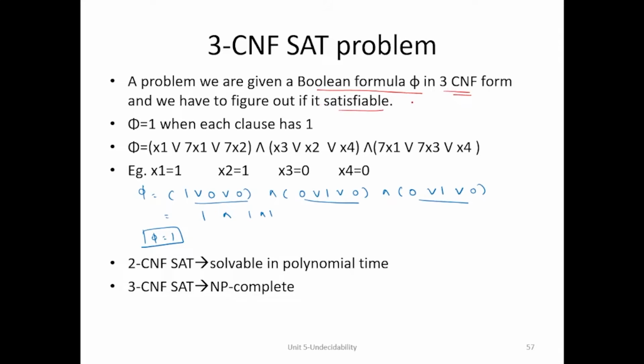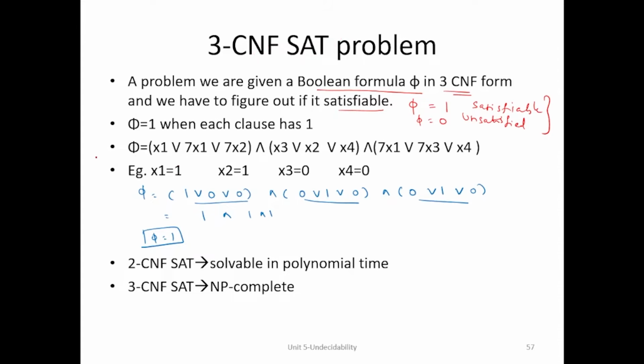When we say pi is satisfiable, it means the answer of pi is 1. If the answer of pi is 0, it is unsatisfiable. These are the two outcomes. Then consider a 3 CNF: is it a satisfiable or an unsatisfiable problem? This is the major question.